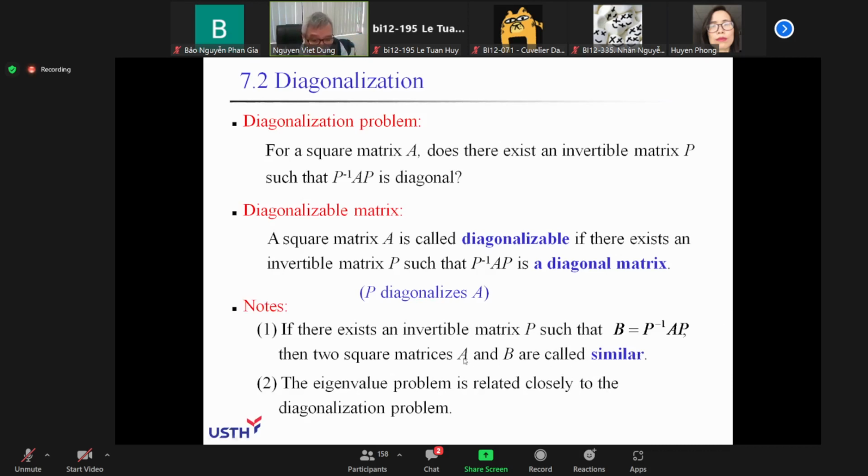Two square matrices A and B of the same order will be called similar to each other if we can find an invertible matrix P so that B equals P inverse multiplied by A multiplied by P. The eigenvalue problem and the similarity notion are related closely to the diagonalization problem here.